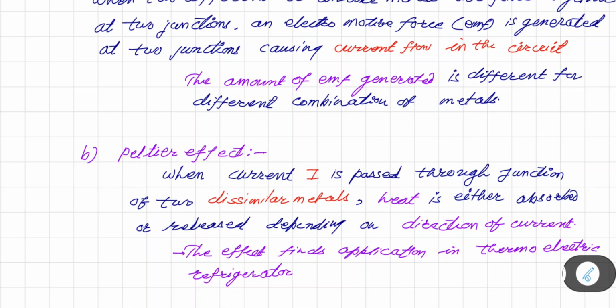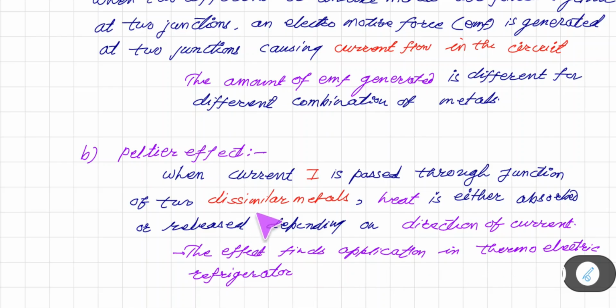In the earlier case we saw, as the temperature is changed, the electromotive force is generated, and consequently the current flows in the circuit. Here, if we allow current to flow in the circuit, heat is either absorbed or released depending on the direction of current. So here it is a reverse case. The effect finds application in thermoelectric refrigeration. That is the Peltier effect.